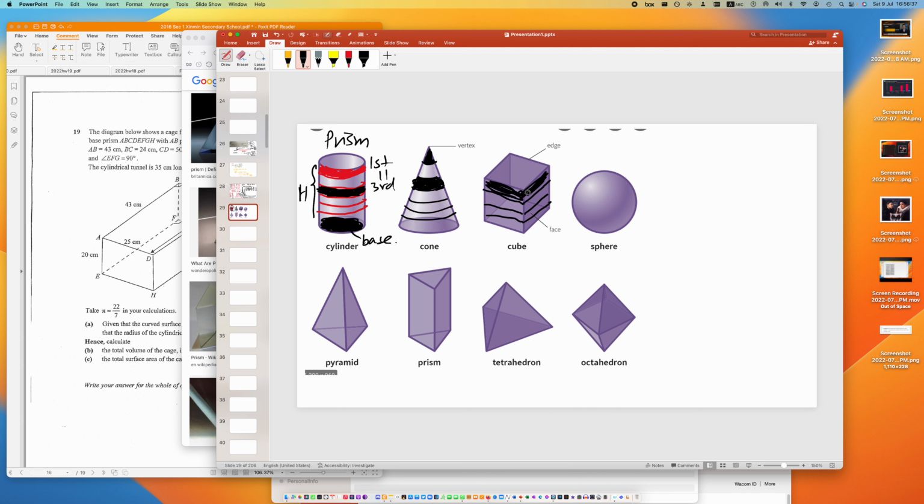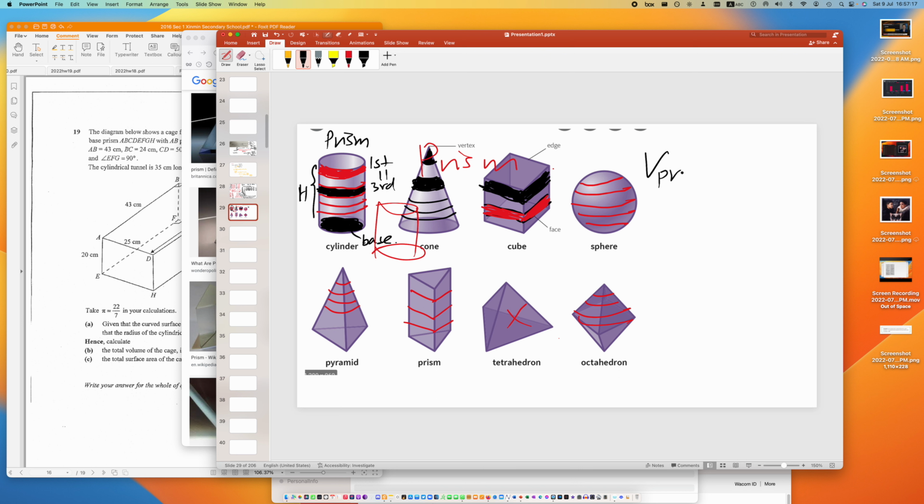So this layer and the third layer are the same. Okay, but this one is not a prism because you don't get a uniform layer, right? Yes. Then this one also not a prism because you don't get the same, right? Yes. This one it is a prism. You get the same one, right? This one is not. This one also is not.